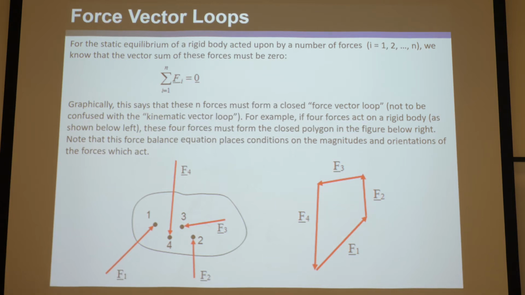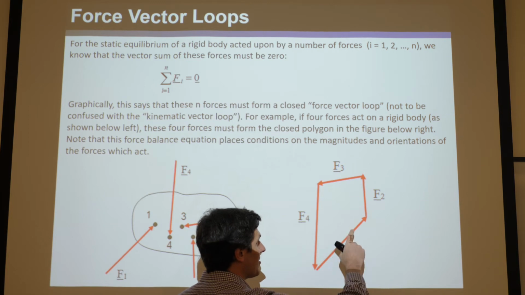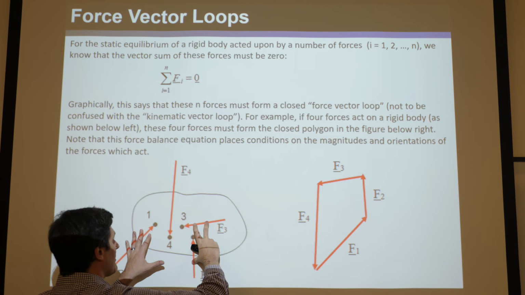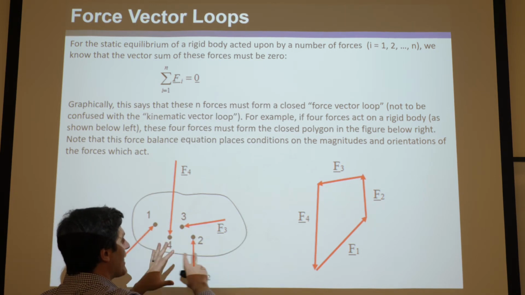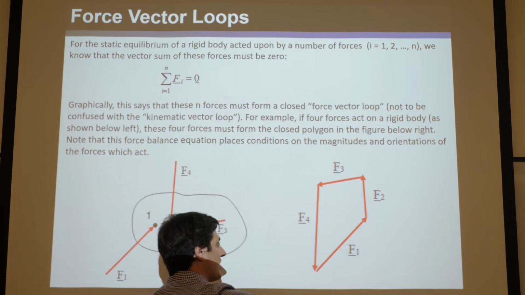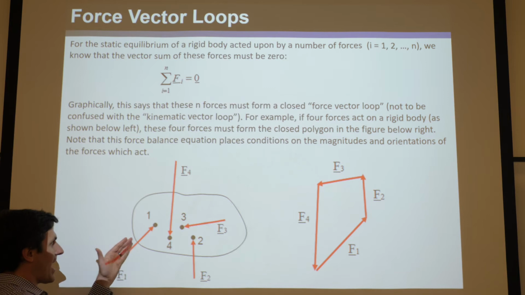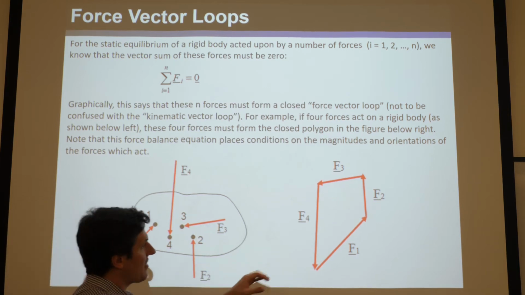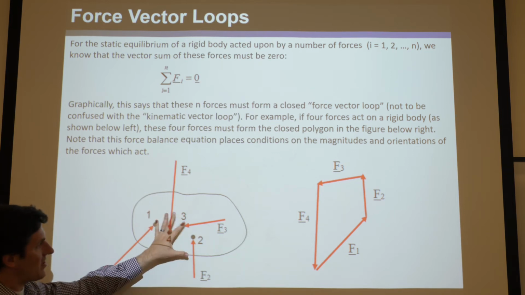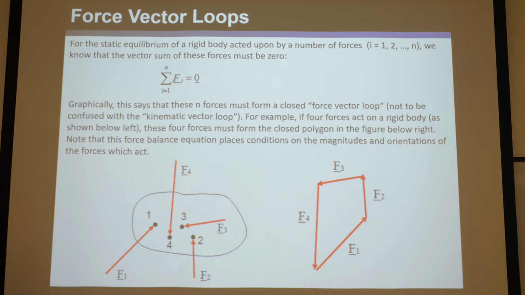Okay, and for the force vector loops, they can't be arbitrary. You have to take whatever forces are acting on the body, make it in static equilibrium, and arrange them head to tail, so they all go in the same direction, essentially. And like I said, if you maintain their direction, their angle, and magnitude, and put them all together head to tail, if it's truly static equilibrium, meaning these all add to 0, then you know it'll be a closed vector loop and it'll add to 0.